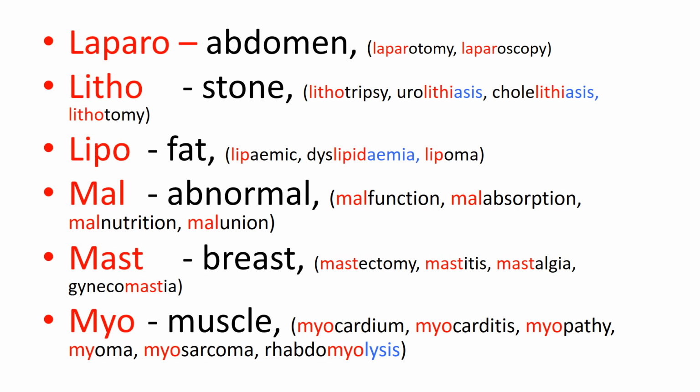Myopathy is disease in a muscle. Myo, muscle, pathy, disease of, myopathy. Myoma, oma means a lump. So a myoma would be a benign lump in a muscle, as opposed to a myosarcoma, which would be a malignant lump in a muscle.